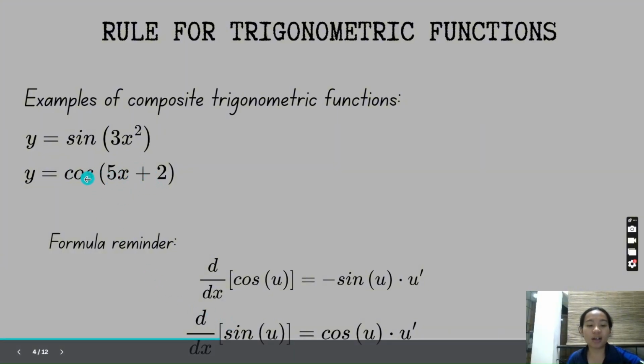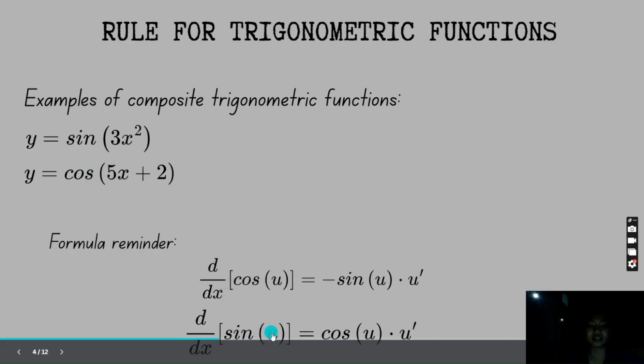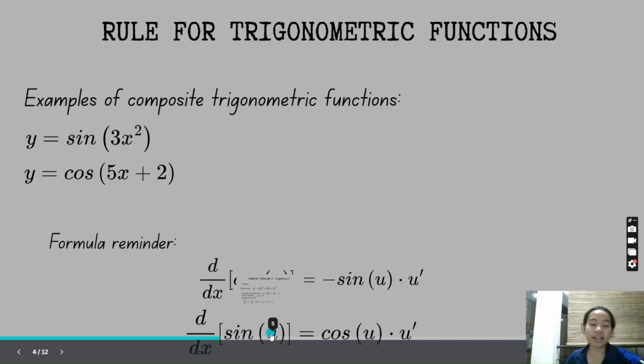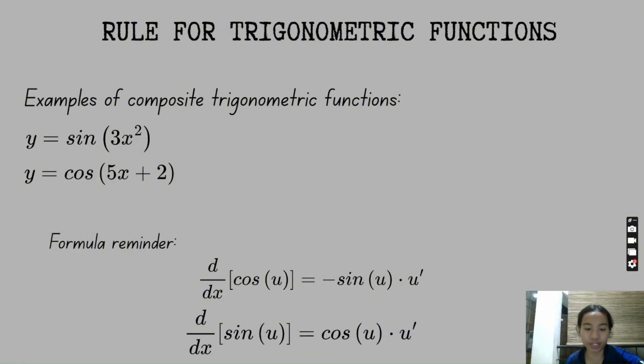The derivative of cos is negative sine, and the u represented here is the inner function. That will be equal to negative sine of the inner function 5x plus 2 times the derivative of the inner function. So we will discuss it further.